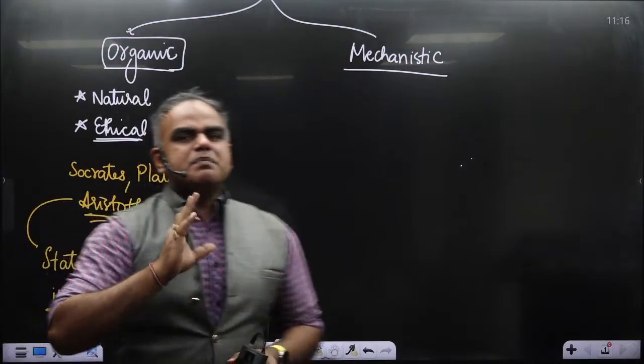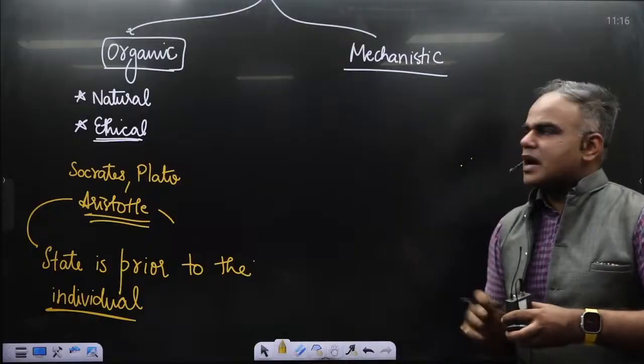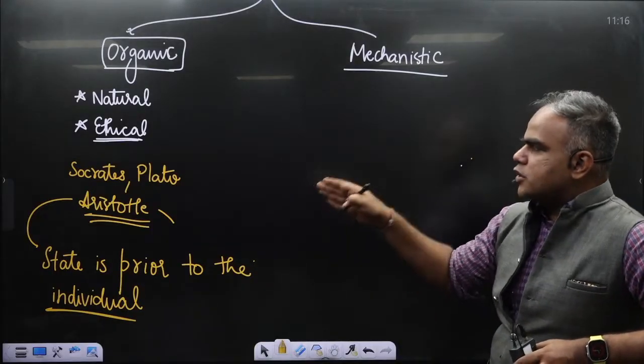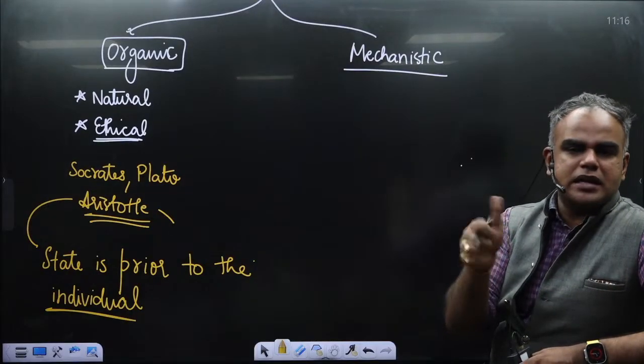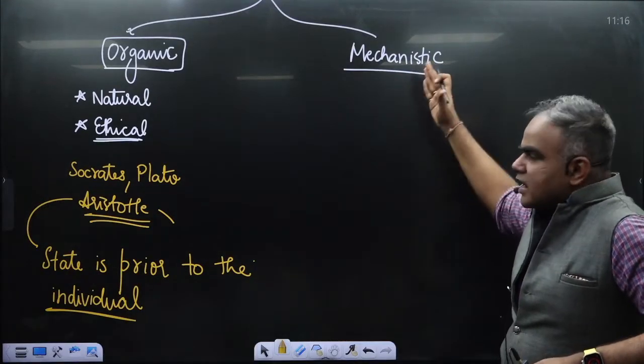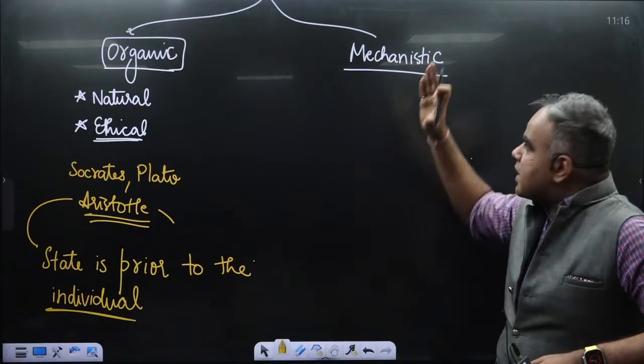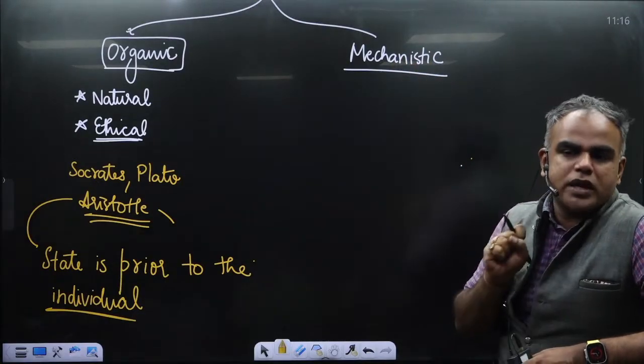Now just a very simple explanation of this, that in the works of Socrates or Plato or Aristotle, they always saw state first of all being a natural entity, it is not forced. Whereas in mechanistic theory we'll see it is forced. In mechanistic theory we'll see social contract theory, okay.